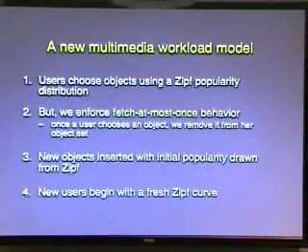Now to this, I'm going to add the fetch at most once behavior. To attach this restriction, I maintain individual copies of the distribution, 1 per user, and whenever a user picks an object, I remove it from the distribution. Now when I add new objects, I insert them with an initial popularity that is picked from a Zipf distribution. When an object is inserted at a position, I push down all the objects that are less popular than it by 1 position down the Zipf curve.